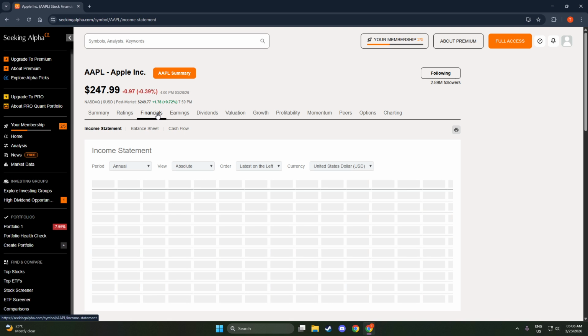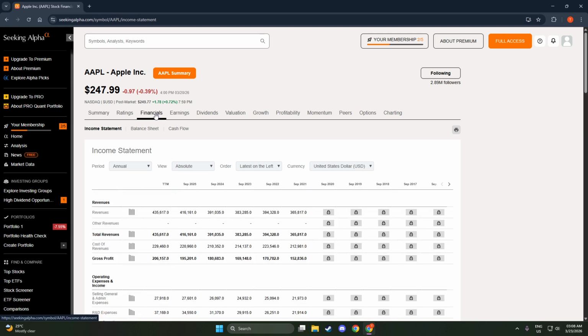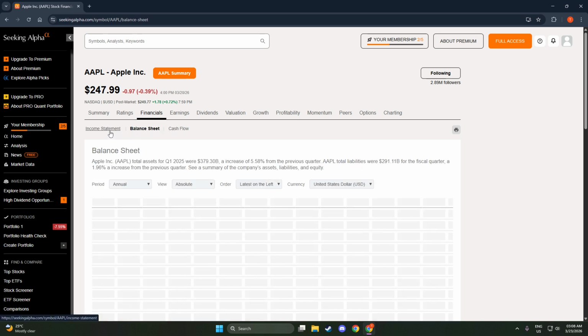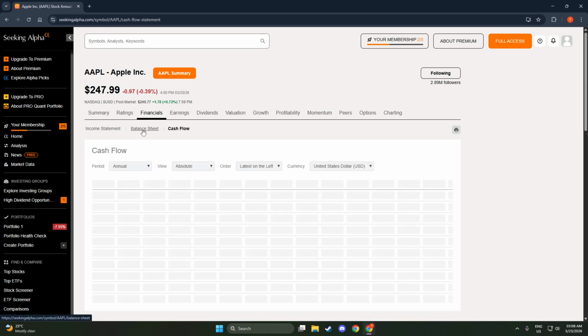This section is where Seeking Alpha organizes the company's core statements. You'll see three primary categories: the income statement, the balance sheet, and the cash flow statement. Think of the income statement as the story of profitability: revenue, expenses, and net income over a period.